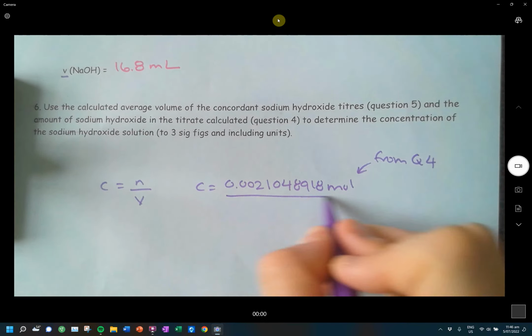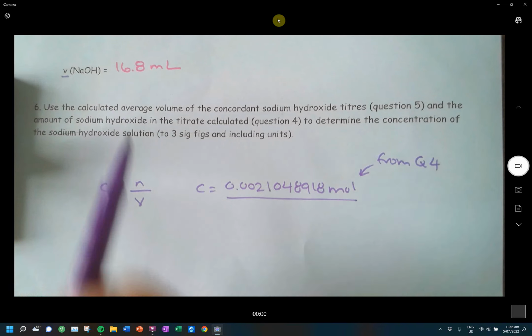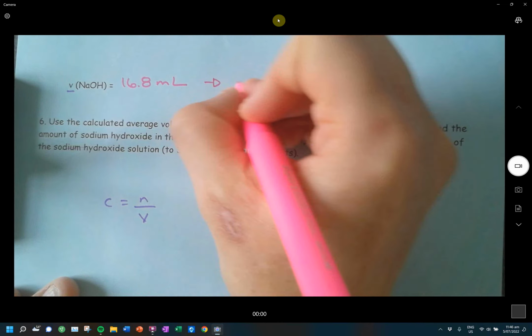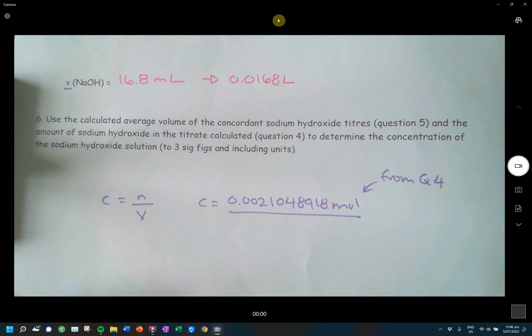And I'm dividing it by my volume. Again, we need to convert this volume into liters. So that 16.8, when you convert it into liters, is 0.0168 liters.